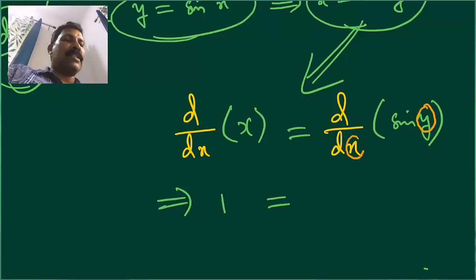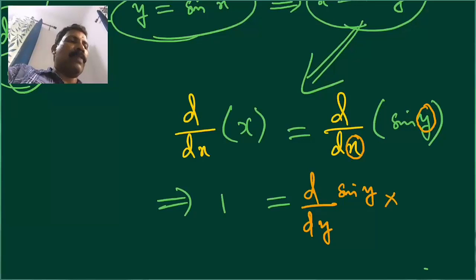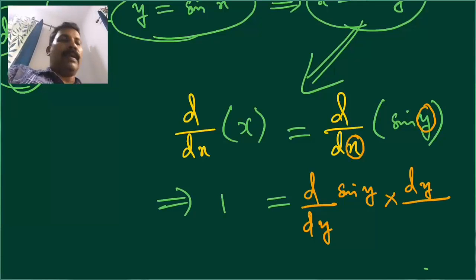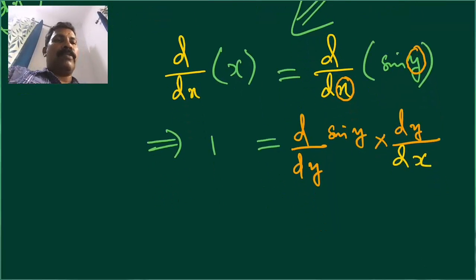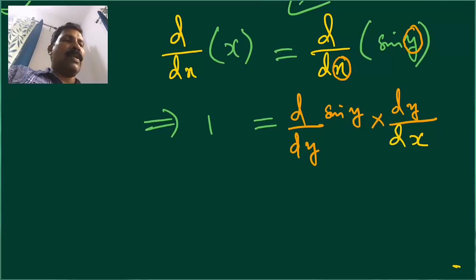In the function it is y, but with respect to x, so we have to address it. We can find the derivative of sine y with respect to y only. So we have to write it like this. Then to compensate dy, we write the required variable with respect to which, that is dx. So the required variable is x. So that is why we are writing dx.